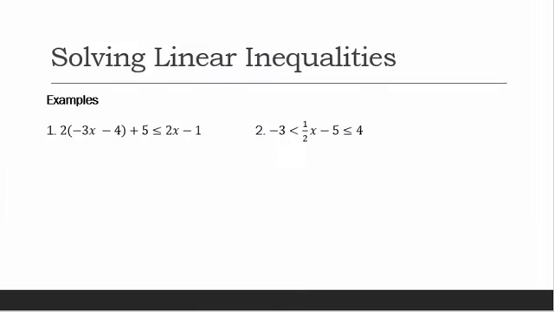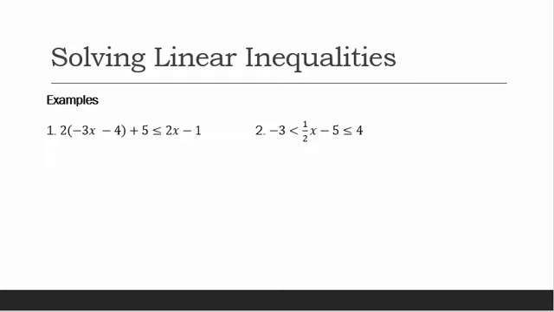So we want to solve linear inequalities, and for the most part, properties of equality will work for solving inequalities. And so we're just going to start by doing whatever we would normally do to solve an equation.